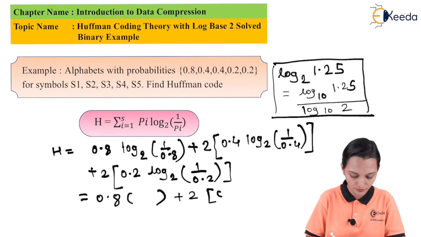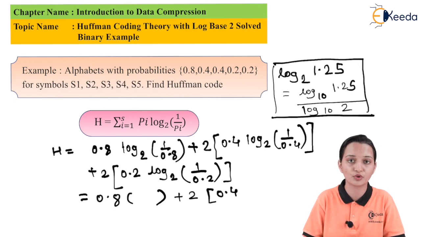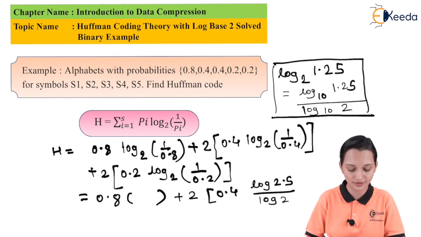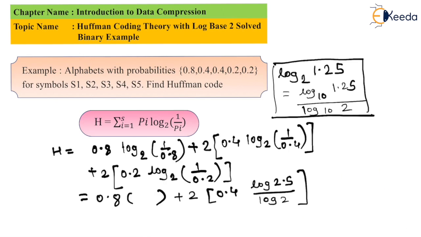Similarly, 2 into 0.4 log base 2 of 1 divided by 0.4. The answer for 1 divided by 0.4 is 2.5. So what you will do is simply log 2.5 divided by log 2. Find that answer and insert it. Plus 2 into 0.2 log of 1 divided by 0.2. The answer is log 5 divided by log 2.